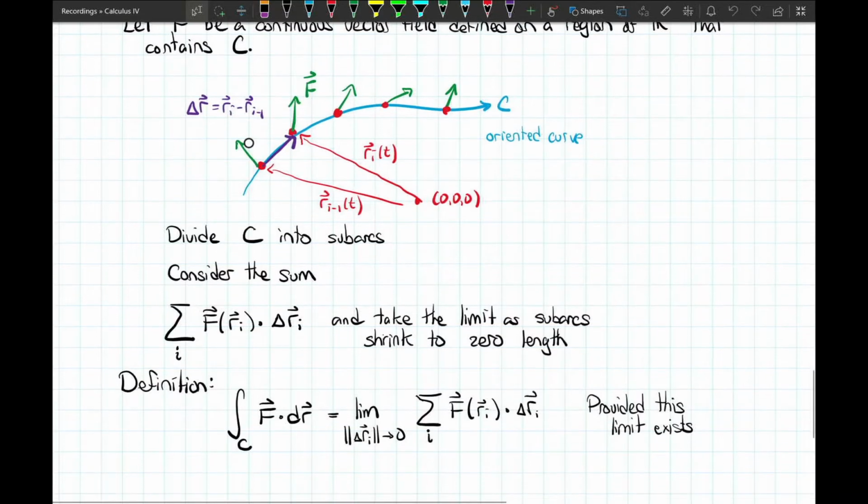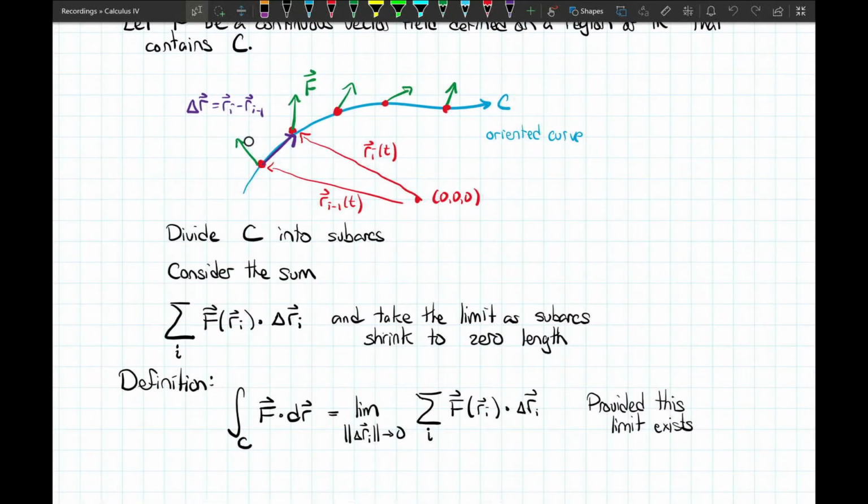You can see it's very different notation from a line integral of a scalar function. We have F dot dr, where dr is this little delta r_i getting shrunk down to 0 length. But it's a dot product. So here's that limit as delta r_i goes to 0.